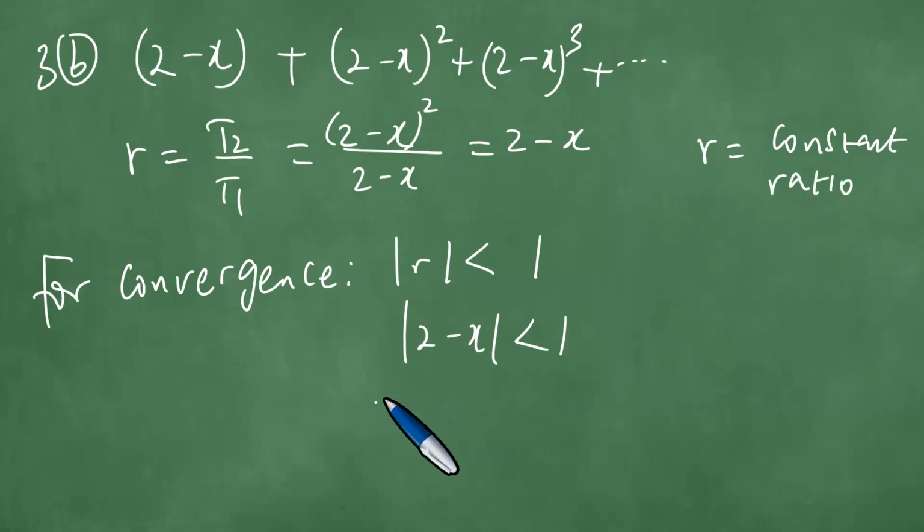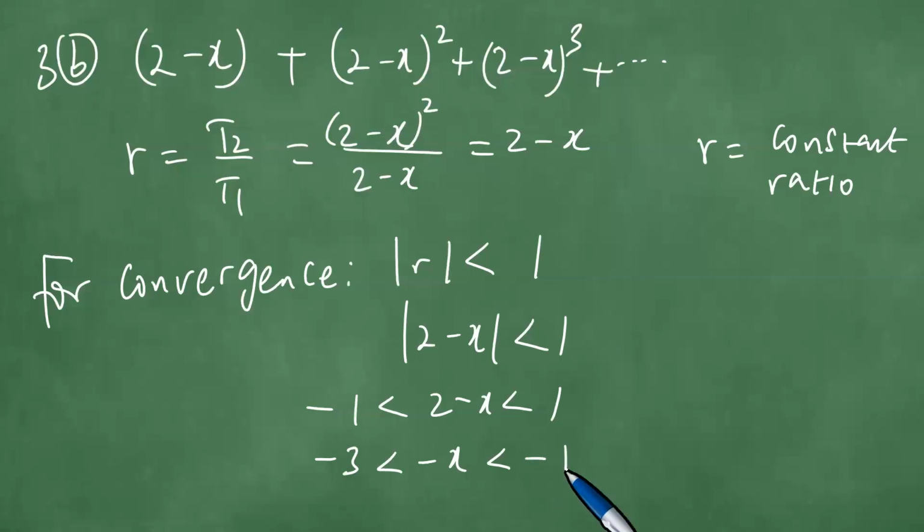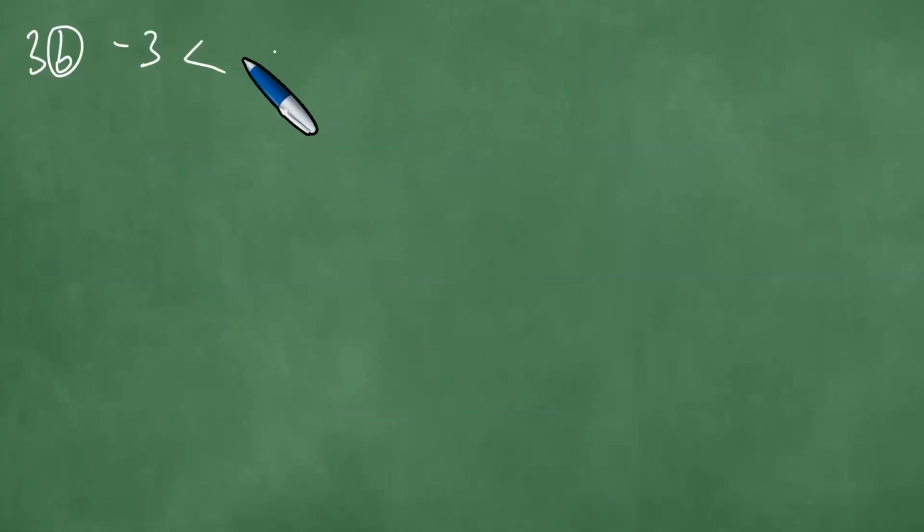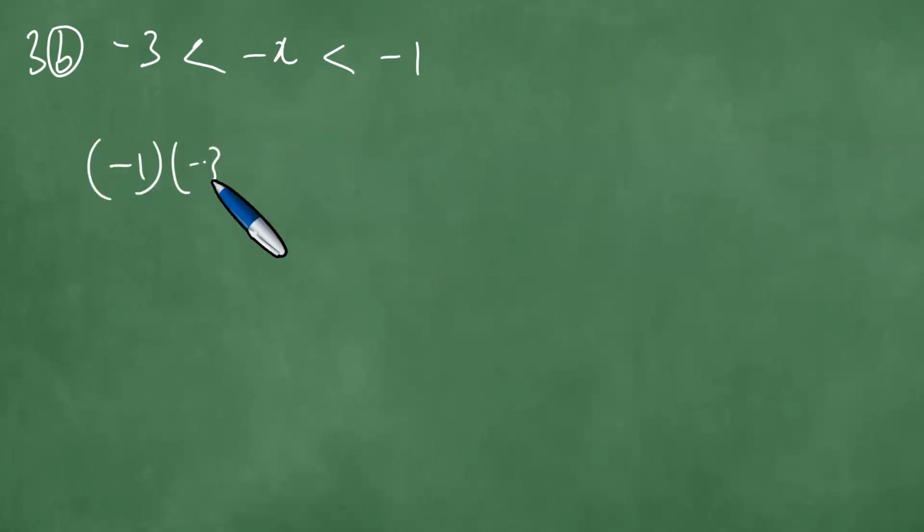So you subtract 2 from each side, which gives minus 3 less than minus x less than minus 1. At this point you need to multiply through by negative because you need x, so you multiply this one.